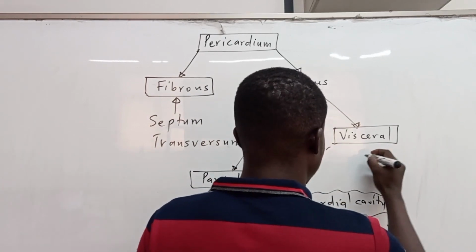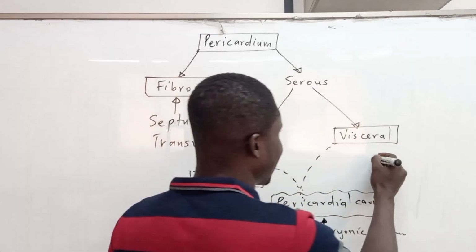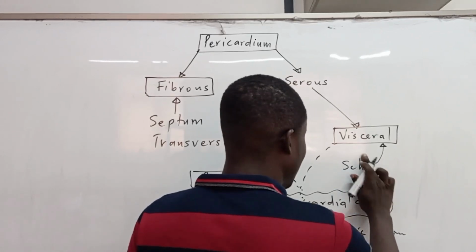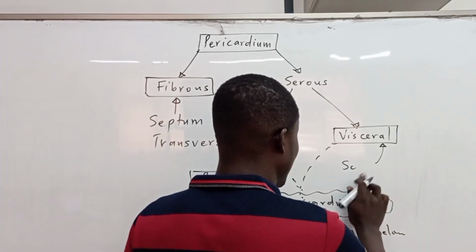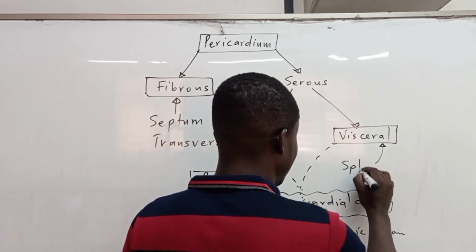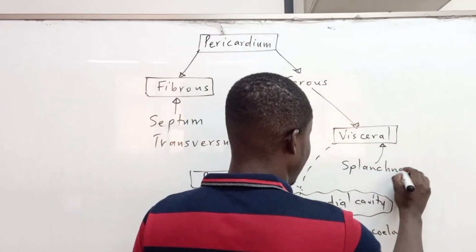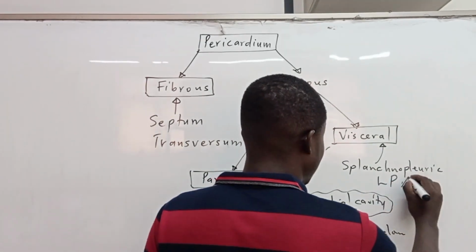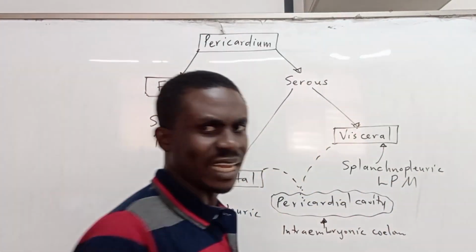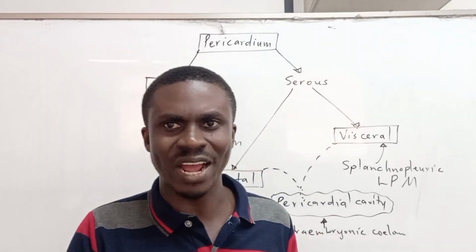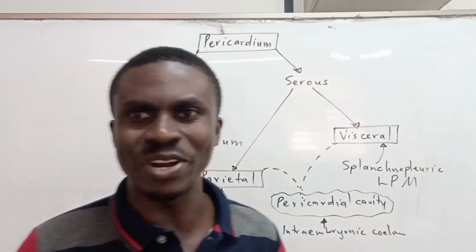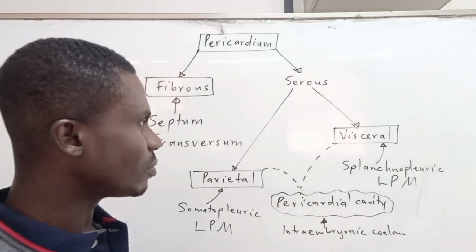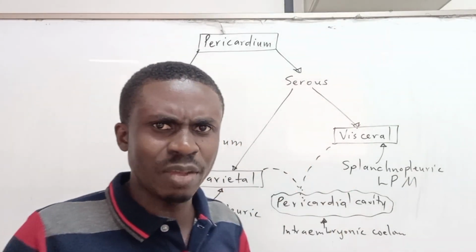The same thing, in the case of the visceral pericardium, it will be coming from the splanchnic lateral plate mesoderm. You know the word splanchnic has something to do with viscera, mainly internal organs derived from endoderm. That is one thing I want you to know about these things.